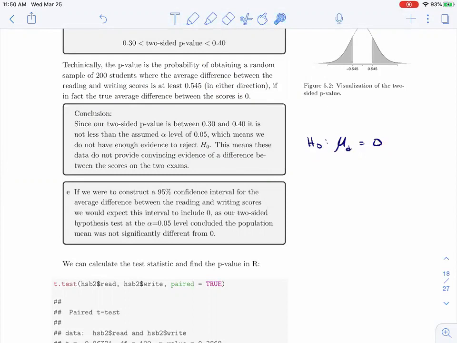Remember we talked about using confidence intervals as a form of hypothesis testing. So if the hypothesized value is in the interval, right, then you can't reject the null hypothesis.